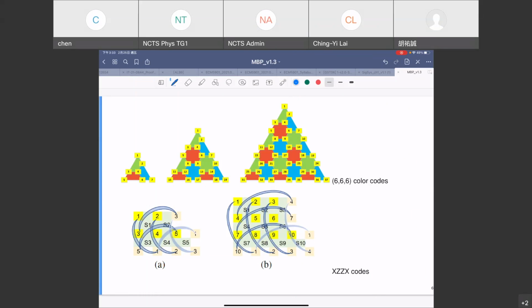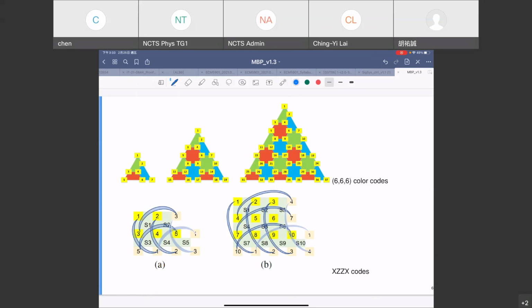In a toric code, you have the rounded boundary, right? So in a toric code, the 2 will be connected to 1. But here, it needs to be connected to 3, which is here. So you kind of twisted the torus.